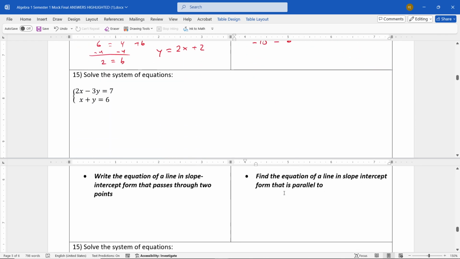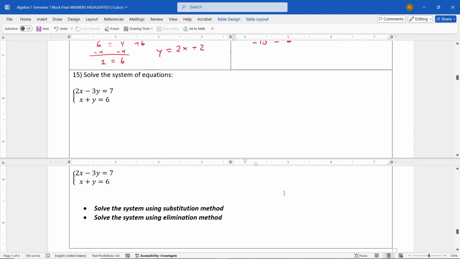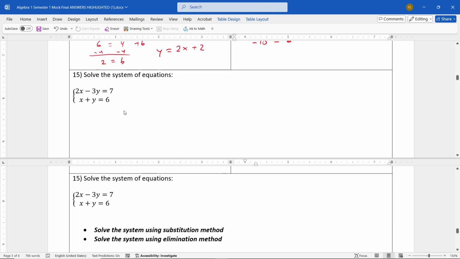All right, final question. So there are two ways to do this. You can use either technique of the substitution method or elimination. I will do both because sometimes one's easier than another, but you need to know both. So let's say substitution method on this side and then elimination method on this side.